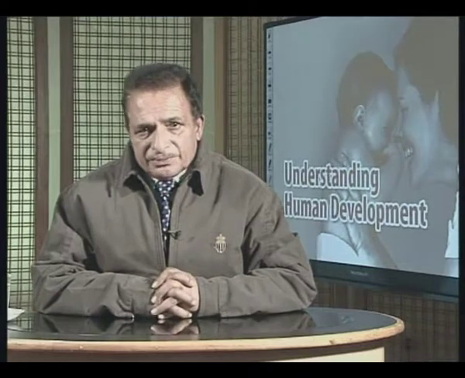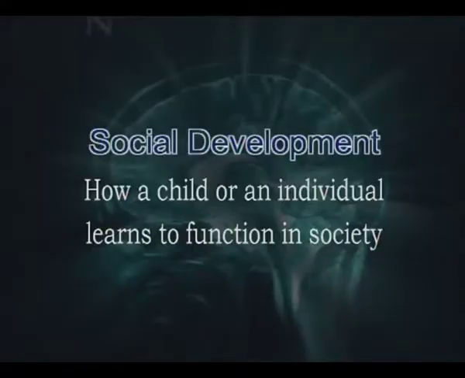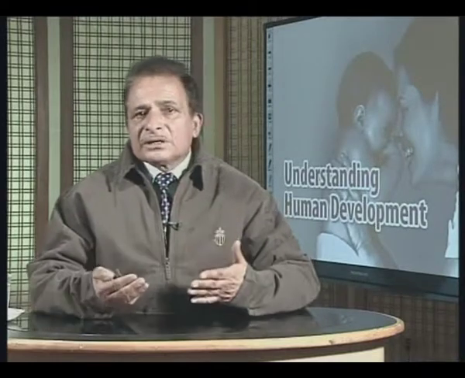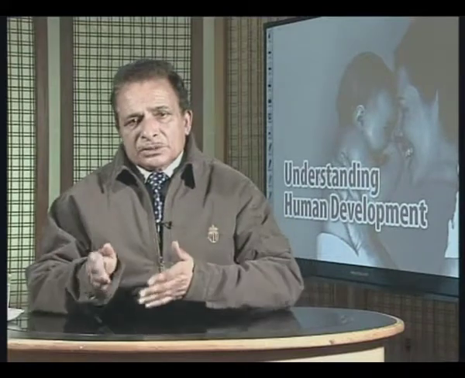Now let me conclude today's lecture. I started with talking on social and moral development. Social development is how a child or an individual learns to function in society, and society presents itself through different agencies like home, school, society as a whole, religion, media, and a number of other institutions you come across.